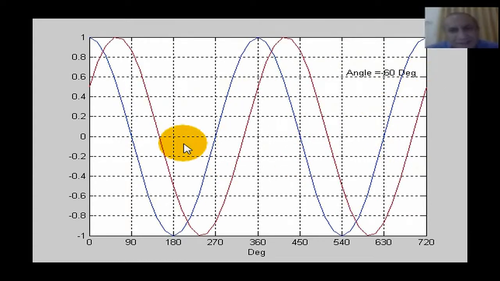Now again we have increased the phase difference to 60 degrees, and we expect again some more negative power, and still on the average a positive average power.